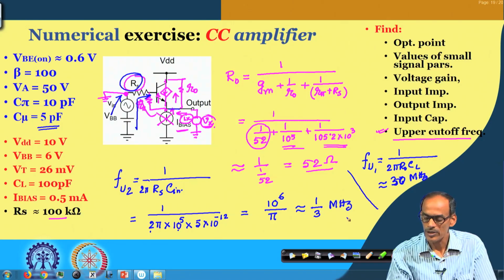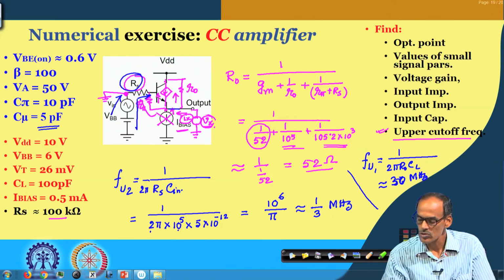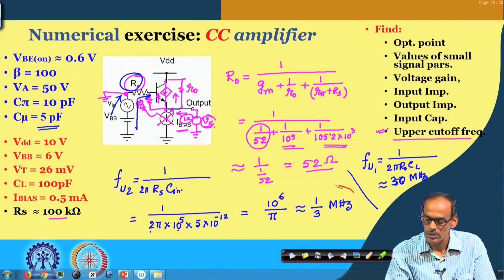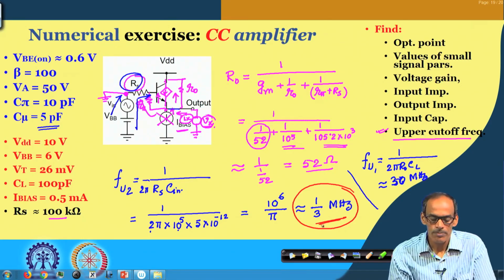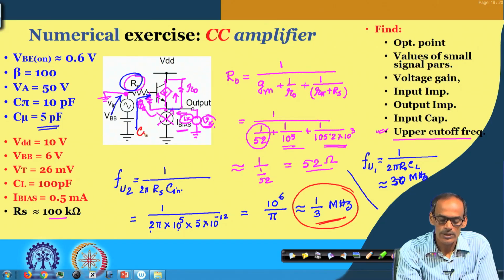The upper cutoff frequency will, of course, be defined by whichever is minimum. So, the upper cutoff frequency is getting changed, but it still remains high, primarily due to the input capacitance here. It is actually coming from this C mu, and its value is only 5 picofarad.